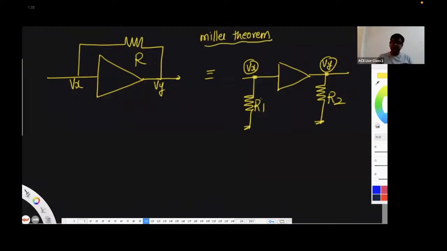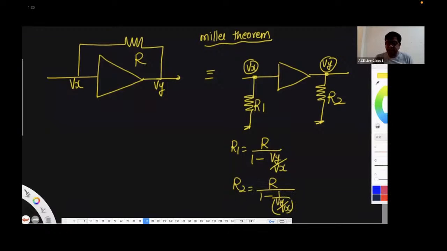This is a formula which you have to remember. It will save time. Otherwise, you can do it by Kirchhoff's laws. So what is R1? R1 is equal to R by 1 minus output voltage by input voltage, Vy by Vx. And R2 is going to be R by 1 minus 1 by Vy by Vx. So this is something you have to remember, right?